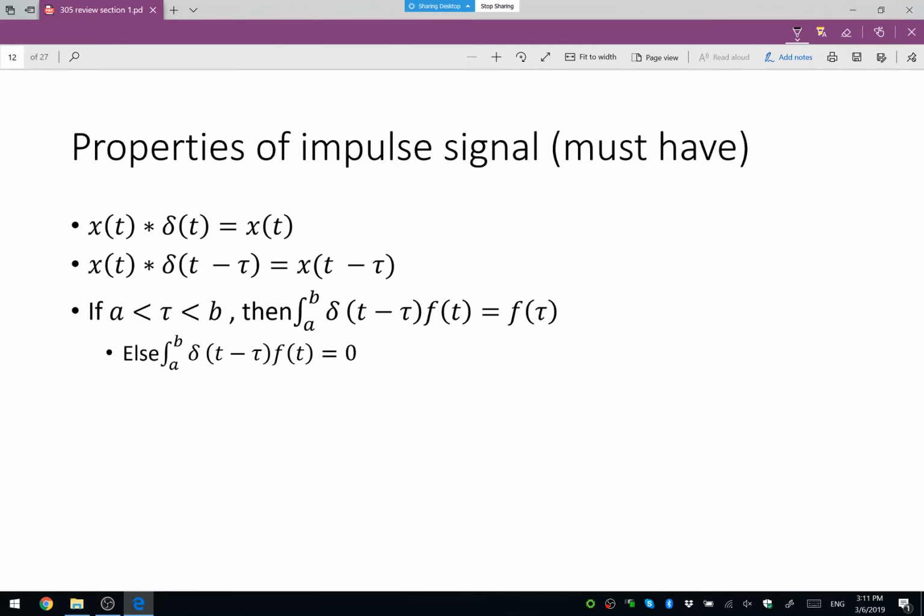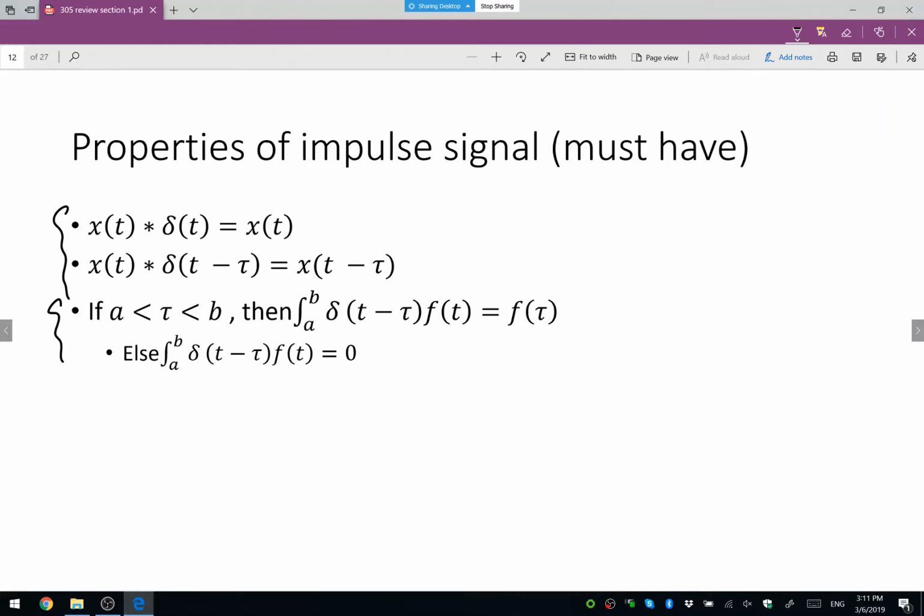If you do convolution with one signal and a shifted delta function, you will get a shifted signal. That's what the first two lines say. And the third line, which you're going to see in homework 3, is when you have a delta function inside the integral.